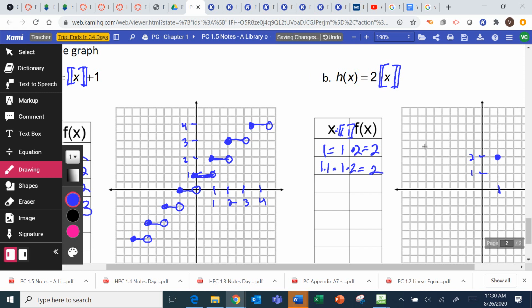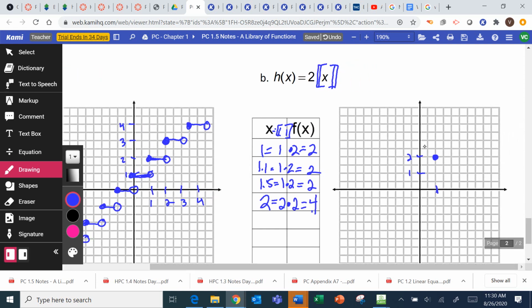If I input 1.5, I would get out 1 times 2, which is 2. It looks like I'm not going to change numbers until I input 2. And when I input 2, I get out 2, multiply that by the 2, and I get 4. So this is going to have an open dot, and then we're going to jump up all the way to 4.